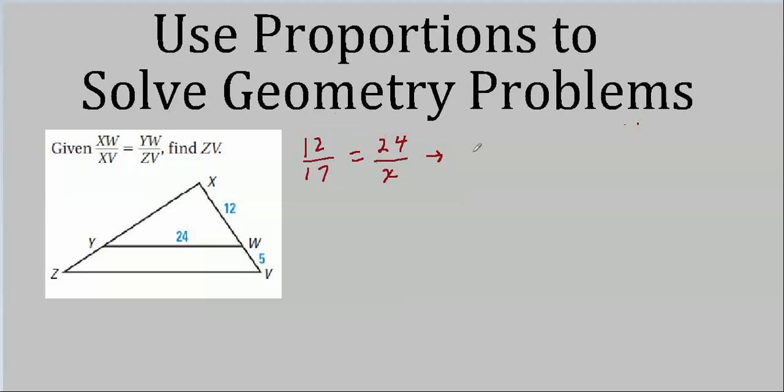But we'll do it with multiplying the means and the extremes, which will also give us a fairly simple equation. 24 times 17. Here we get the means here, and the extremes here. 12x is 24 times 17. Suppose we multiply through by 1 over 12. This will just become x, and this will be 2 times 17, or 34.